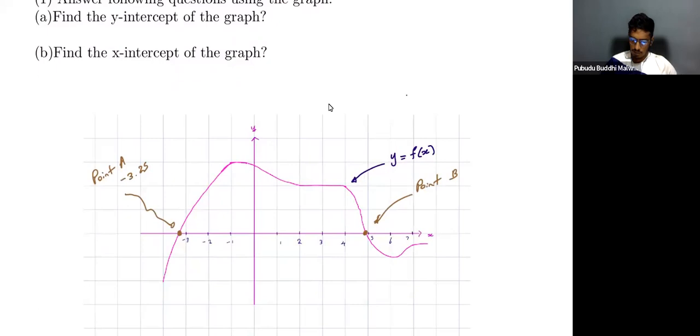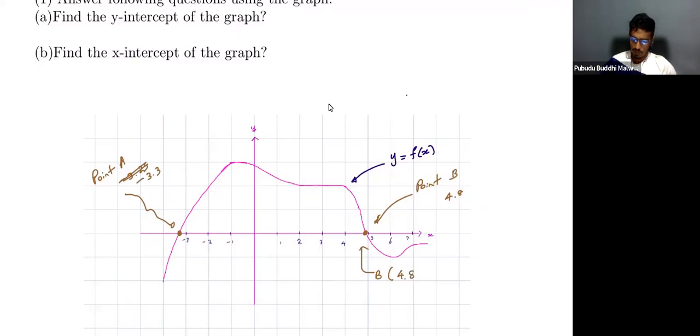Here for this point, 4.8 or something. Okay, let's express these answers to one decimal place. So -3.3. Here 4.8. So the coordinates of this point, this is how we write point B, 4.8, 0.